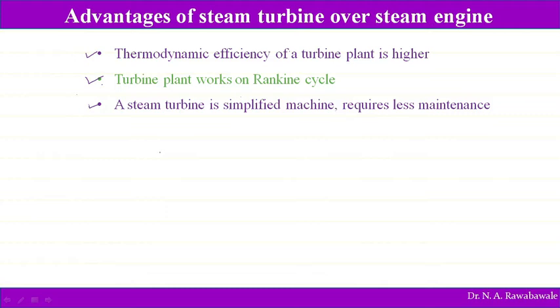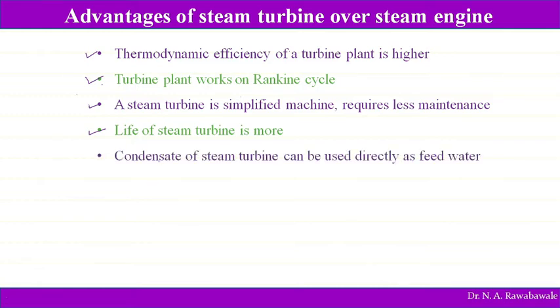So it requires very little maintenance if we use a steam turbine. The life of a steam turbine is more because it is a rotary machine with less wear, and it is a perfectly balanced machine. Therefore, the life of a steam turbine is more compared to the steam engine.